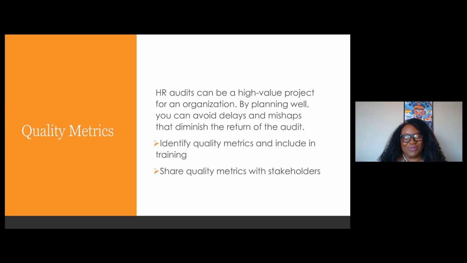As someone who is familiar with research, I know that you can make your audit and your results seem positive, no matter how not positive they are. So if you are creating the metrics at the end, it tends to look like you're doing that. So be upfront about your metrics early on.